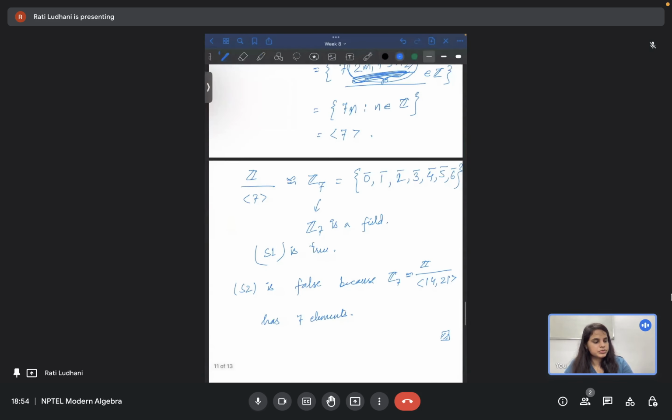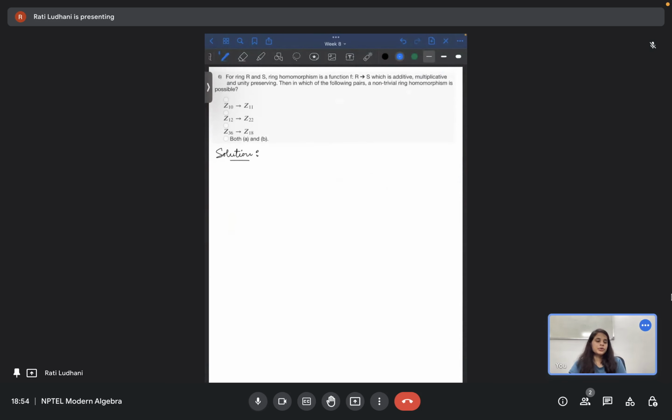Okay, then let's move to the next question. For rings R and S, a ring homomorphism is a function. So it has been defined what a ring homomorphism is. It is a ring homomorphism if it is additive, that means if you take R1 and R2 from R, then f(R1 plus R2) should be equal to f(R1) plus f(R2) for all R1, R2 belonging to R. Second, multiplicative.